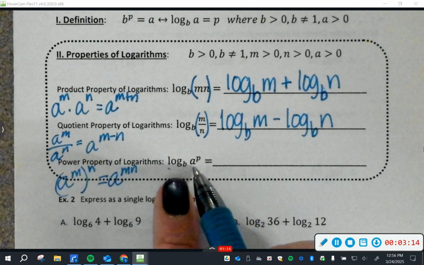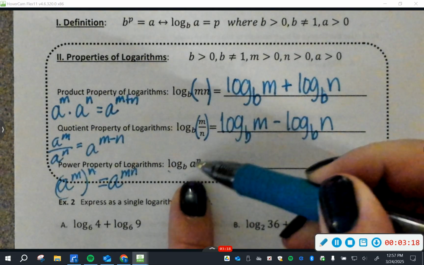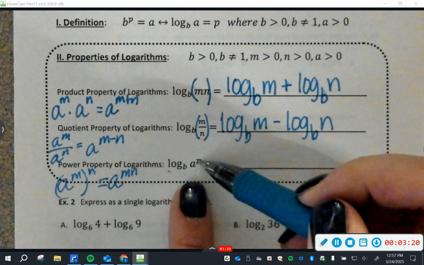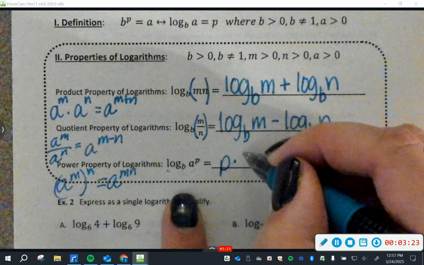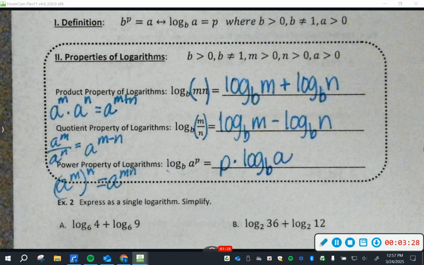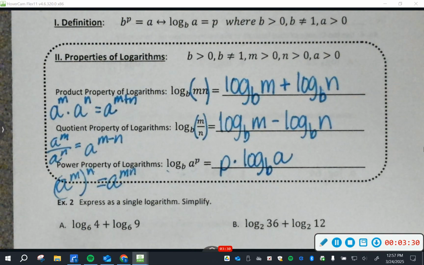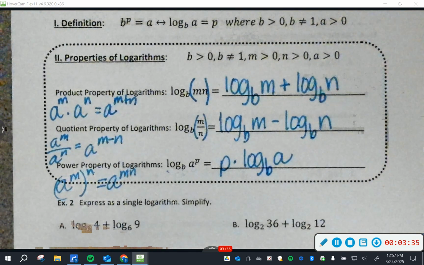Log base b of a is an exponent. And then look what we're doing. We're taking that to another power of p. So we would just multiply these. And here's how I would write it. p times log base b of a. So all of these properties are cousins of the exponent properties.